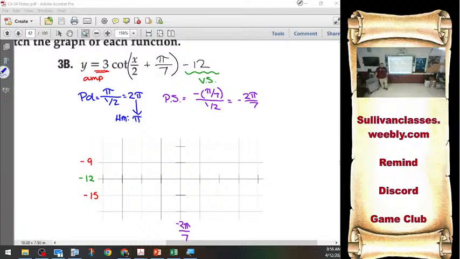Because nothing's going to end up reducing here, this actually ends up fairly easy, because you just keep adding pi to it. Just keep adding 7 pi over 7.